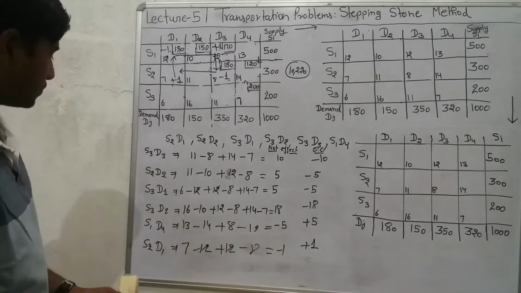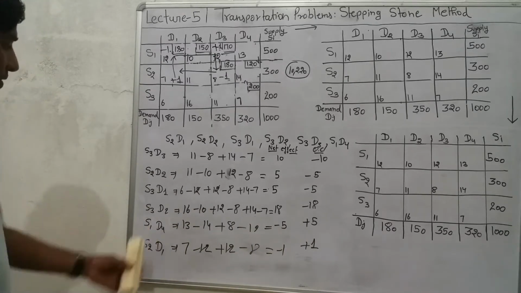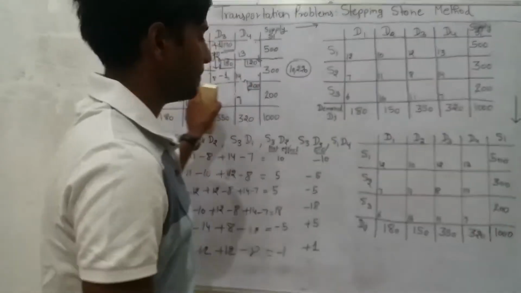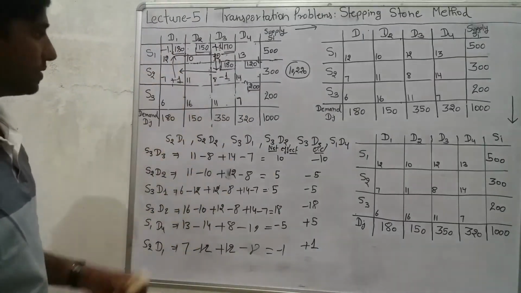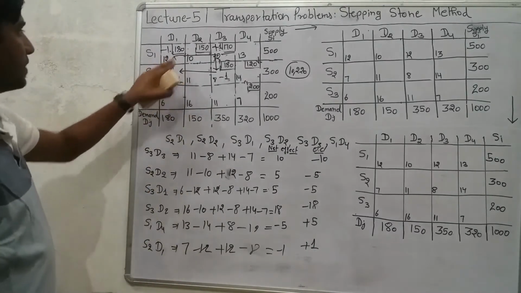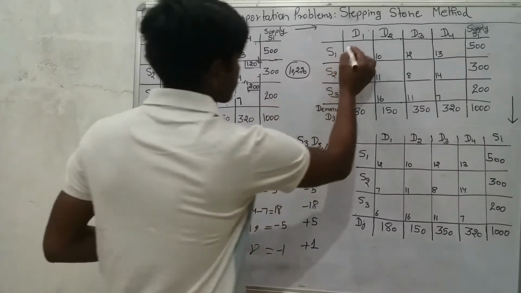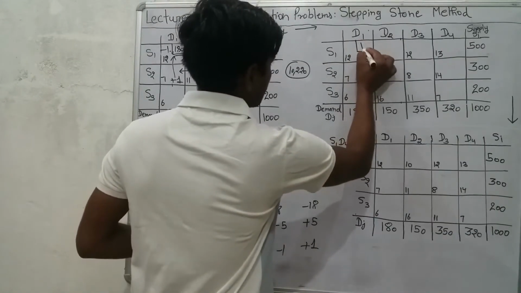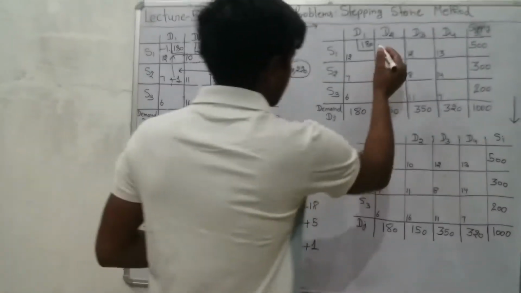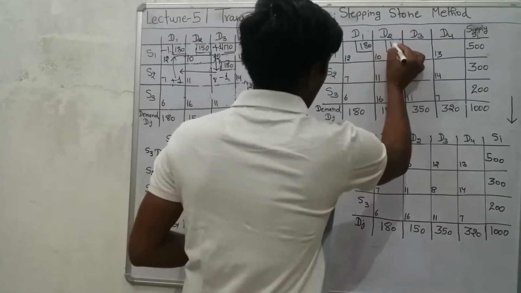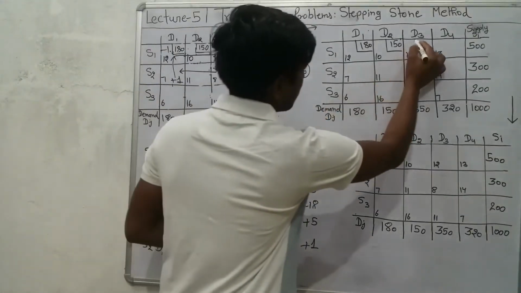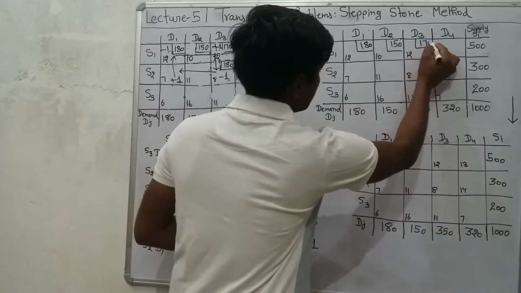So how we are going to do it? S1D4. I have created another table for the same data. So we are writing the values. Here it was 180. Initial location was 180. In the next one it was 150. And the next it was 170.